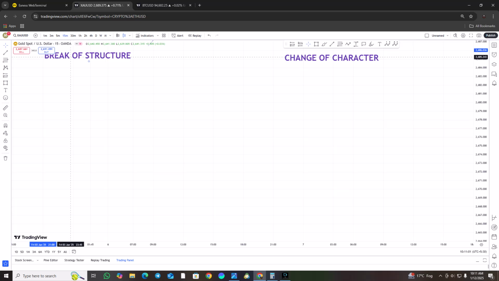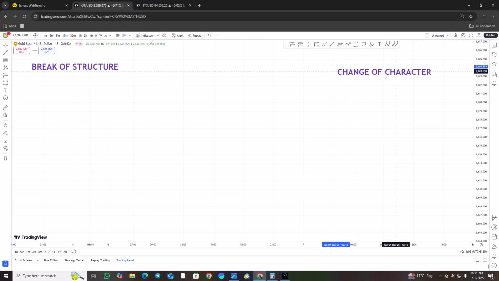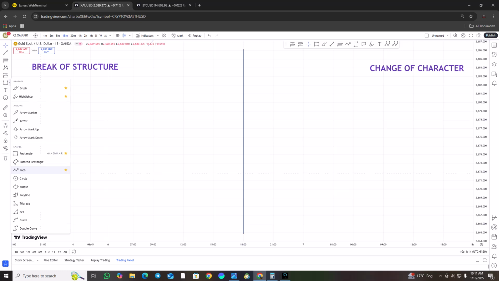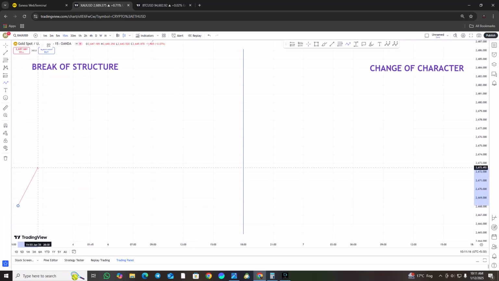We'll move this over here. Okay, we draw the line. Now it's two partitions, right? Say for example, market is going up, right?